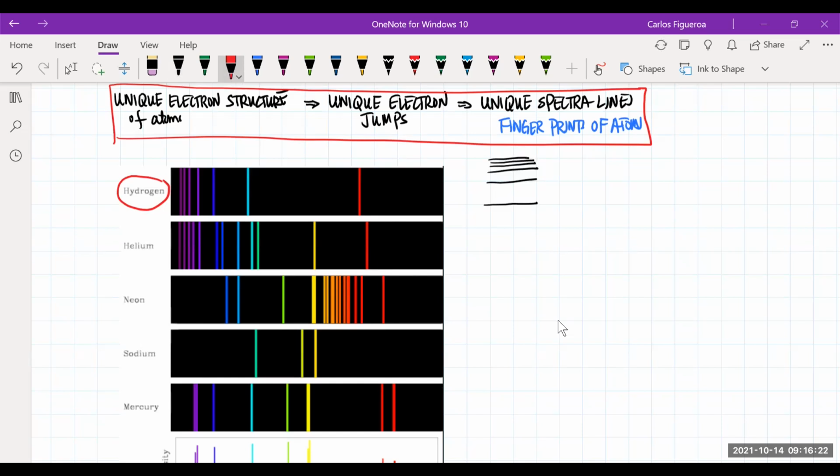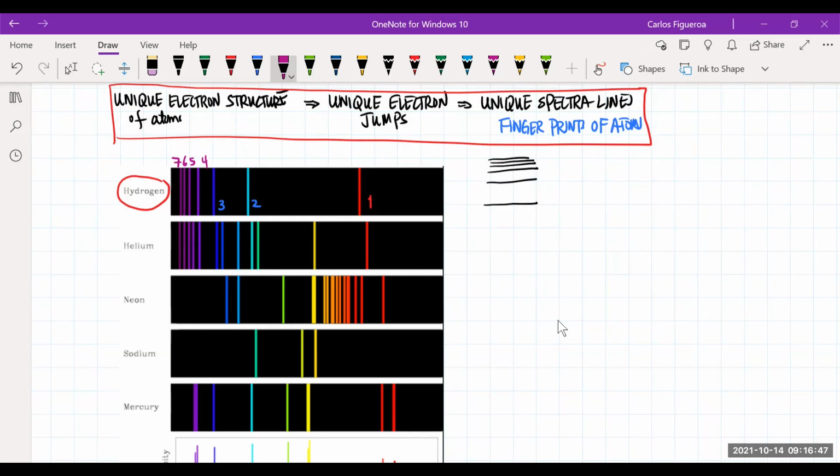So this must be the first excited state when it jumps to the ground state. Then this one has to be 3 and 2. And then this is 4, 5, 6, 7. So there are 7 jumps in the visible spectrum.